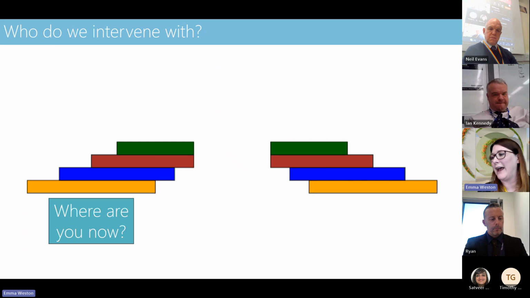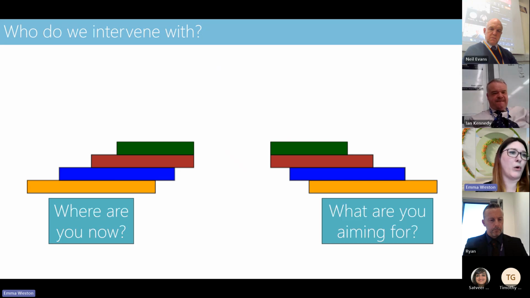What are our percentages of pupils achieving 4 and above, 5 and above, 7 and above, or achieving a grade, depending on which group? But we also need to think about what we're aiming for. What would success look like in our departments? Because it's not necessarily the same in each of our OAT schools.